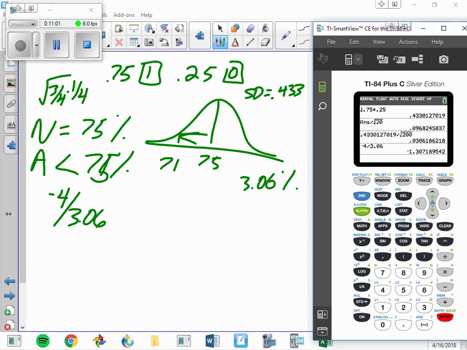Accept the null, because it's less than 1.64 in magnitude, which means the area is bigger than 5%. But because all of our tests rely on a p-value, we need to calculate the p-value. So we will shade norm from -5 to -1.3.